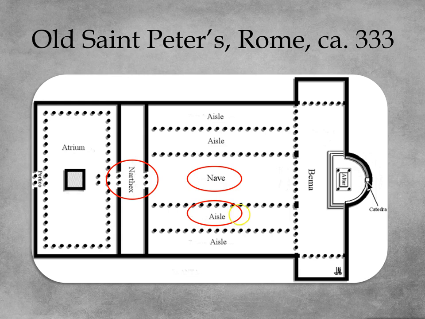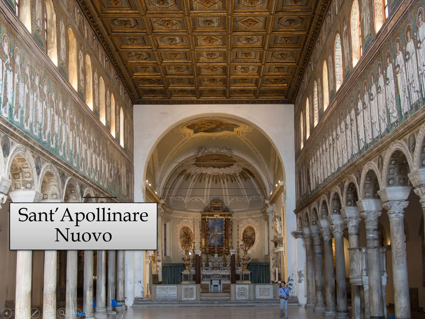Alongside the nave, along the edges of the aisle, are pretty elaborate artistic cycles. In San Apollinare Nuovo, you have up here, along the side of the nave, mosaics of figures that we've already met.